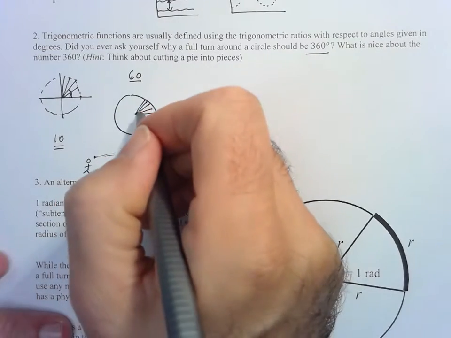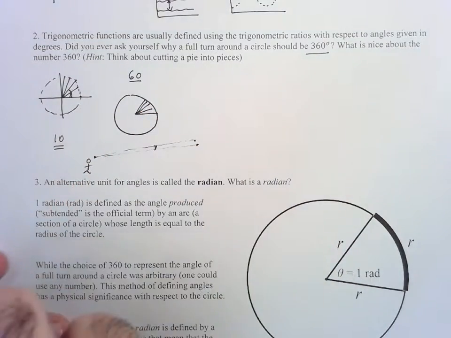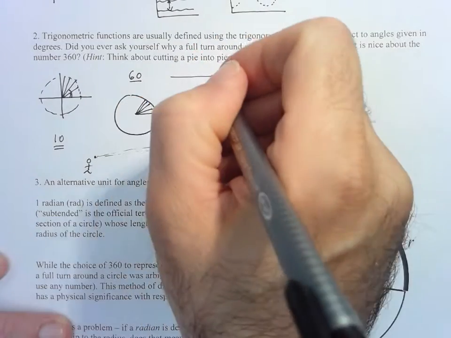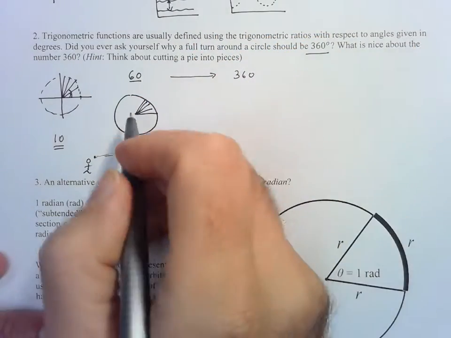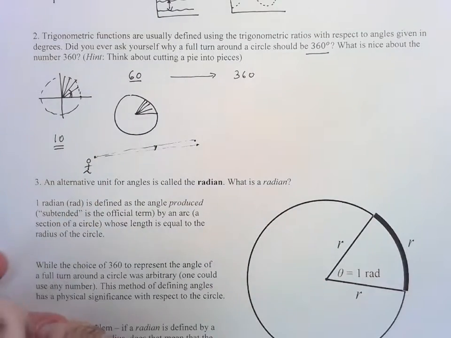Splitting up a circle into 60 parts doesn't give you small enough angles that you want to use as your unit. So they decided to use 360. It offers much more versatility. You're splitting it up into much smaller pieces.